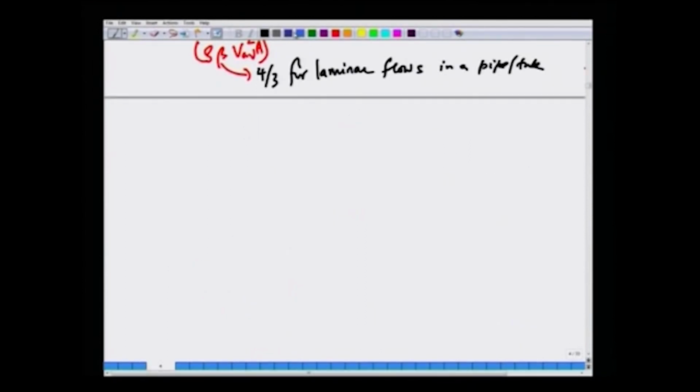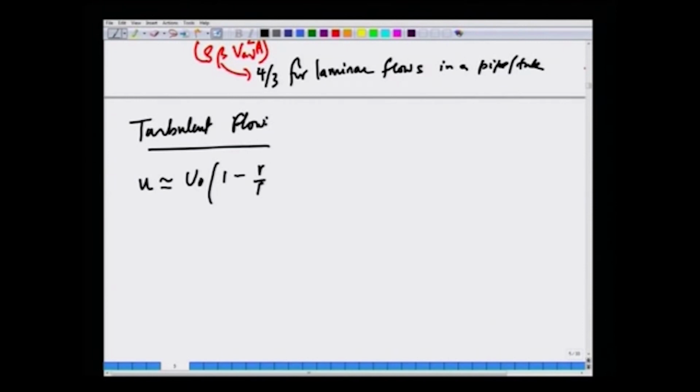I will quickly tell you what the beta is for turbulent flow in a pipe. It turns out that for turbulent flow, u is approximately u naught. As I told you, this is more like an experimental fact, it is not rigorously derivable from first principles like the laminar flow expression for the velocity.